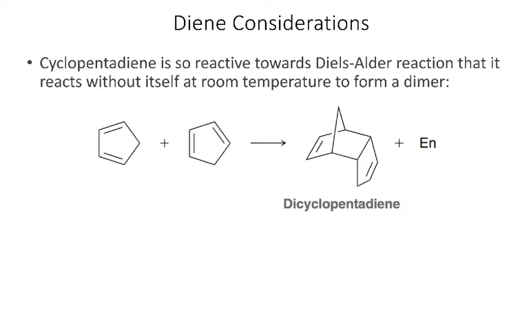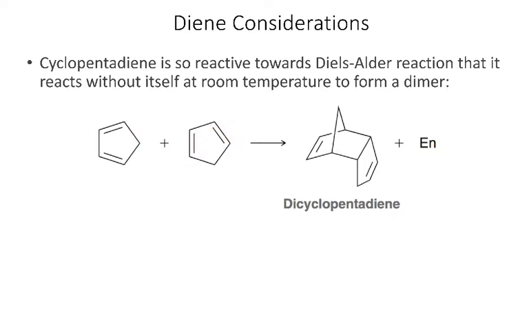Now, in fact, it turns out that cyclopentadiene is so reactive towards the Diels Alder reaction that it can actually react with itself at room temperature to form this dimer, right? And this is a fairly complicated looking structure, sort of a tricyclic compound, but that makes sense. Both the diene and the dienophile have rings.